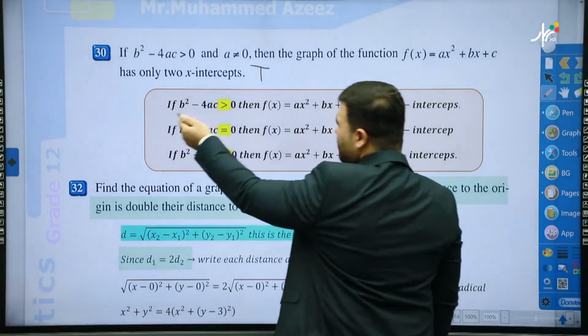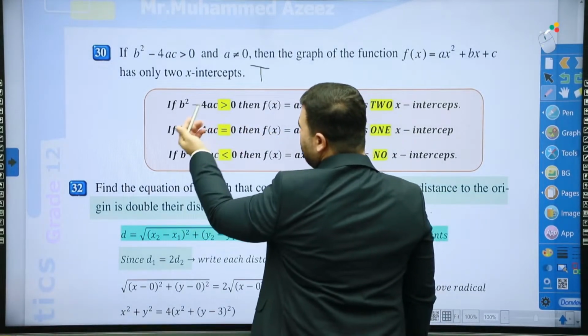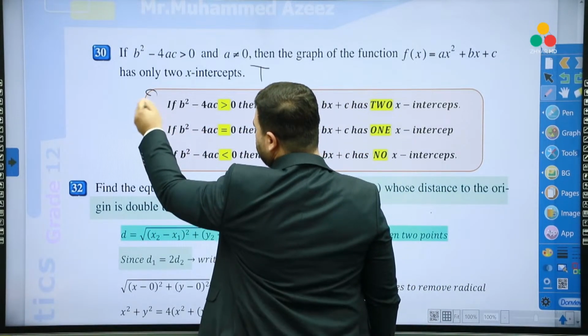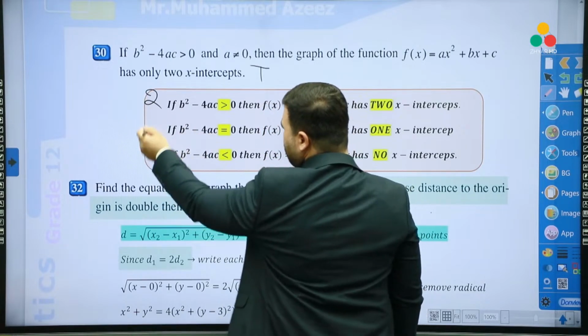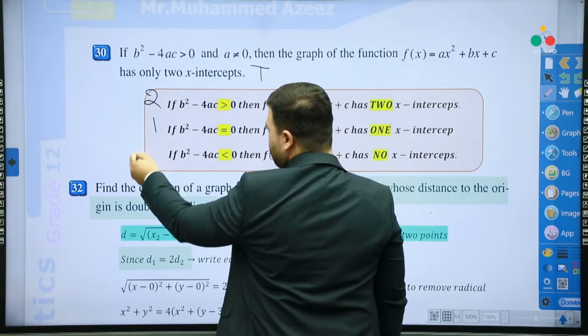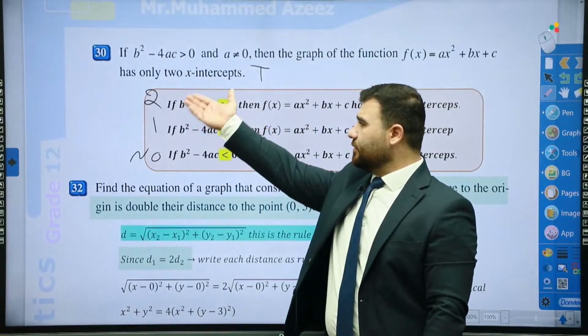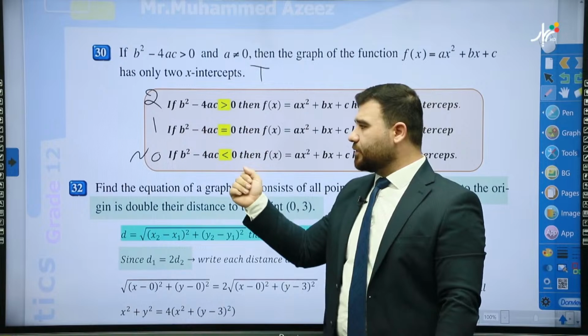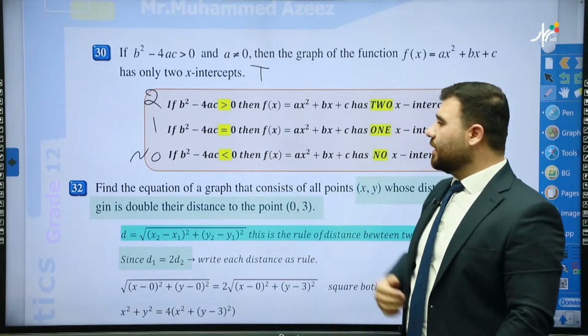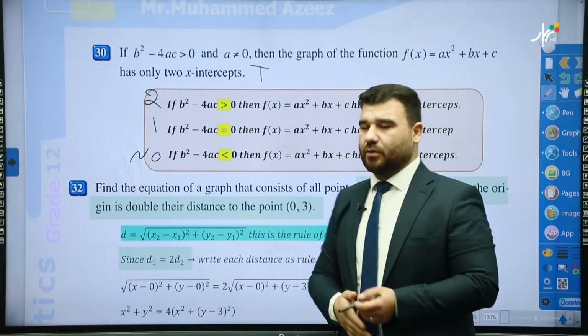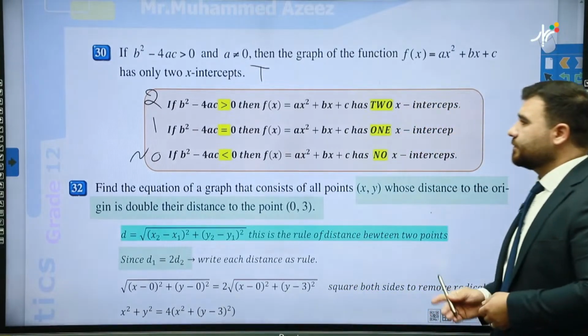To memorize these fast: greater than 0 is 2, equal to 0 is 1, less than 0 is no solution or no x-intercept.